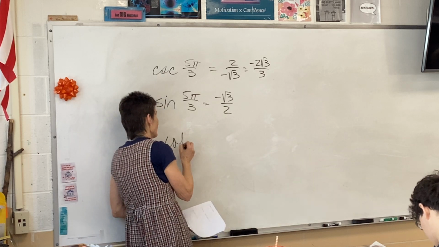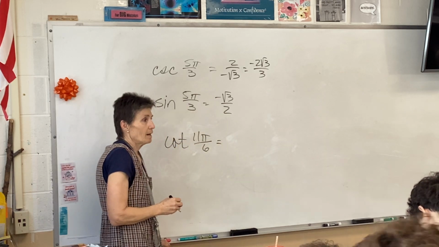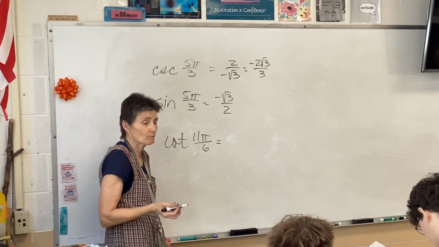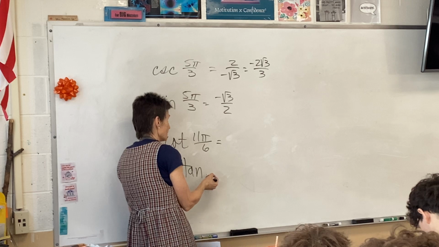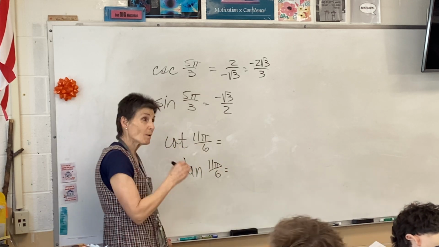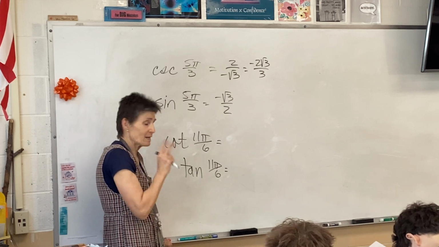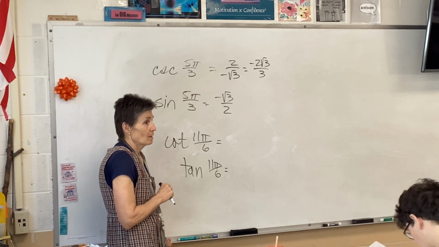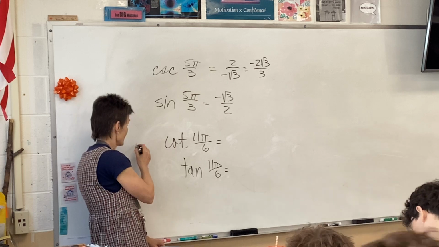Cotangent of 11 pi over 6. I hardly ever do cotangents. I'm not comfortable with cotangents, so I'm going to find the tangent of 11 pi over 6. You don't have to do this; this is what I do. What do I know about 11 pi over 6?